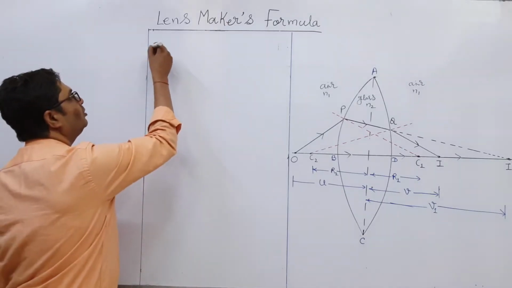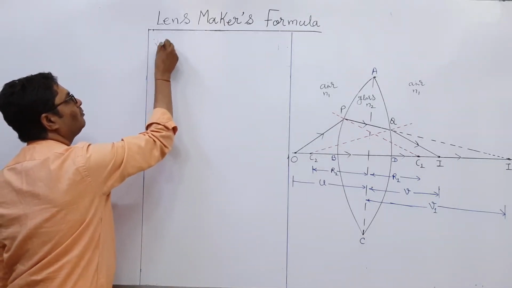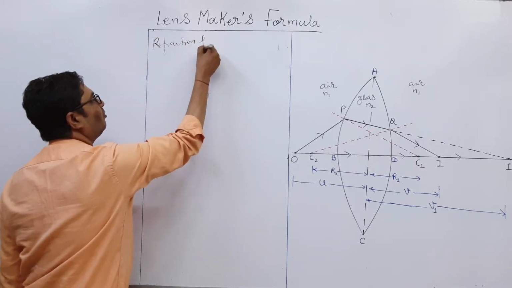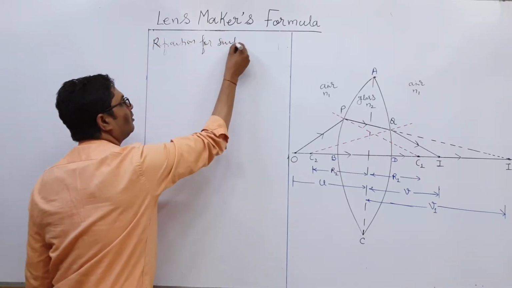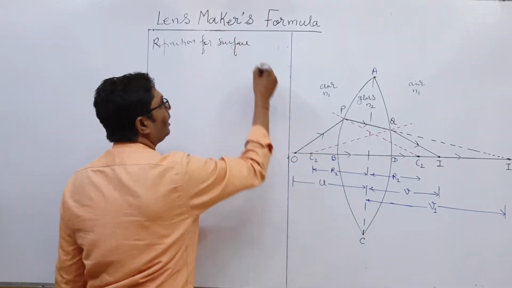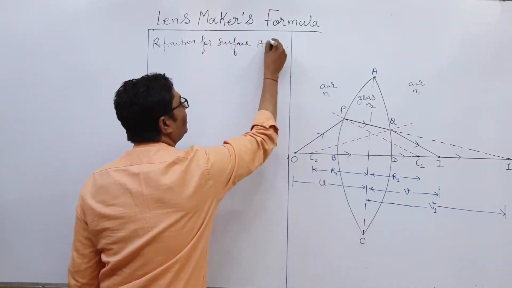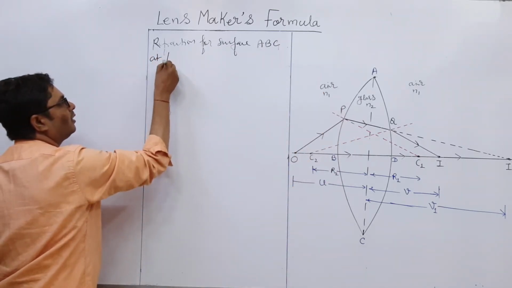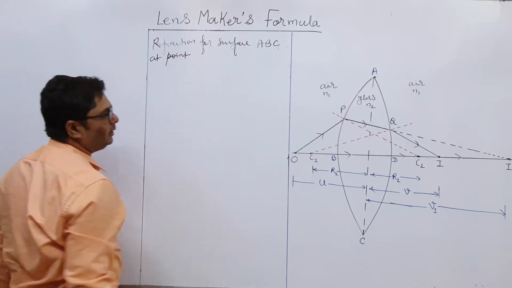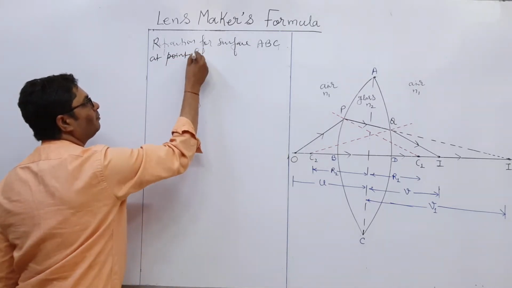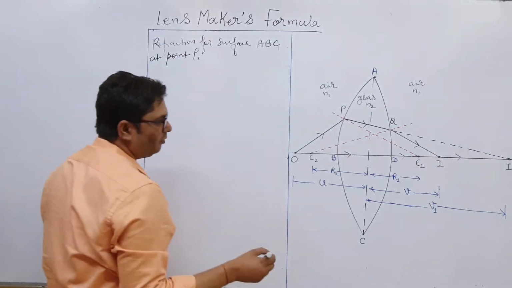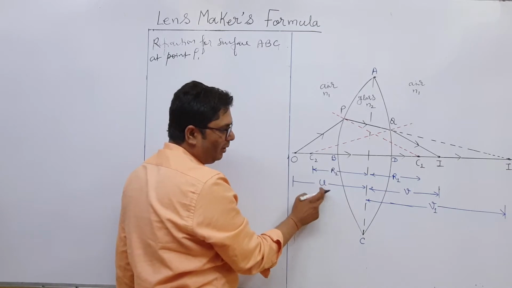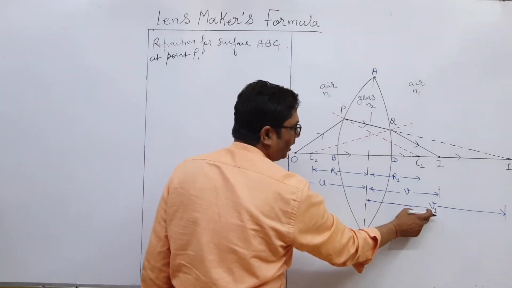Here we use refraction for surface ABC at point P. What we have? We have the object distance U and the image distance V1.